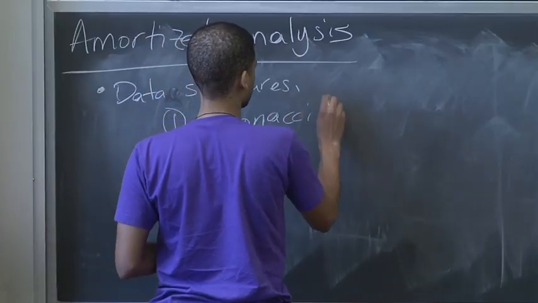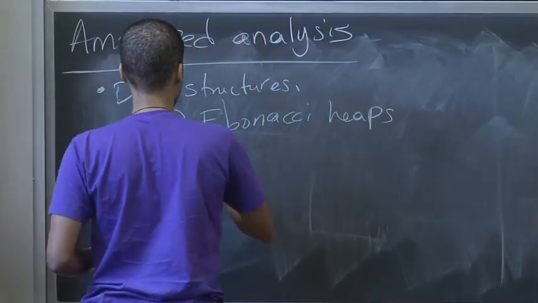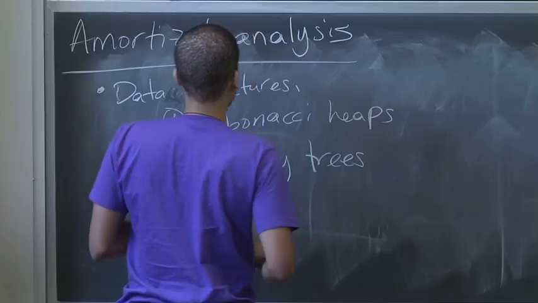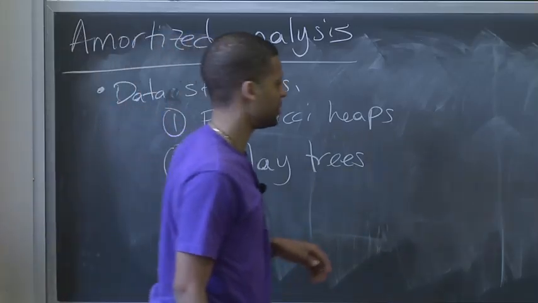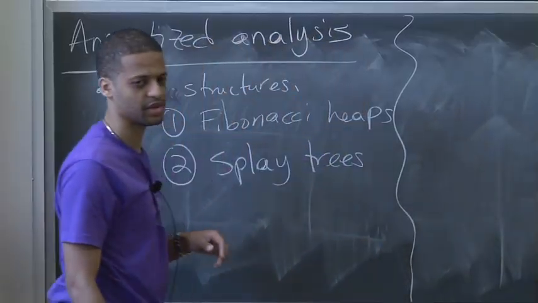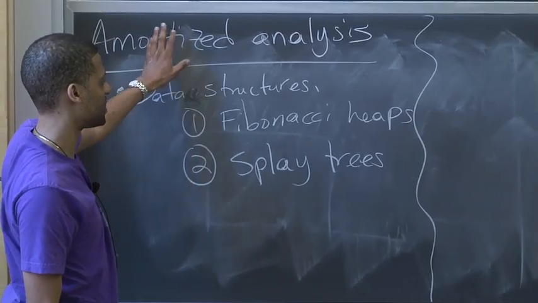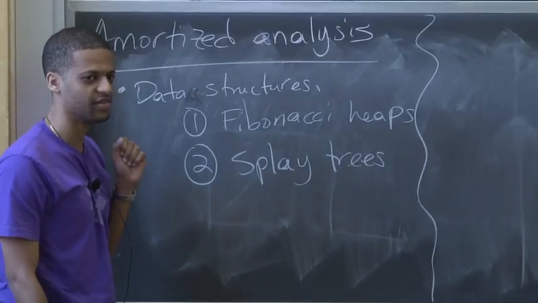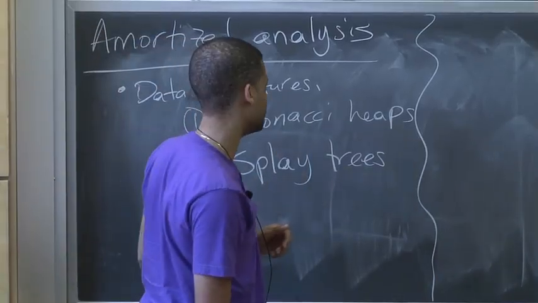Well, we'll look at something else right before Fibonacci heaps, another heap, and we'll also look at splay trees. I think people who took 124 here, who were undergrads here, have seen some amount of amortized analysis, at least one bit of it when we did union find. But we're going to say a little more.